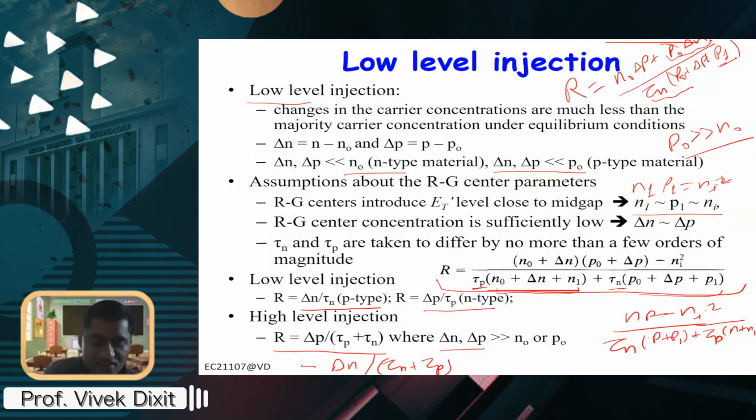correct? Where delta n equals delta p. So this basically you can obtain just by substituting this thing here and assuming that delta n and delta p are much larger. So all this n naught p naught will go away, right? So what do you have here? Delta n delta p by tau p delta n plus tau n delta p. So if you assume that delta n and delta p are equal, then you get this expression.